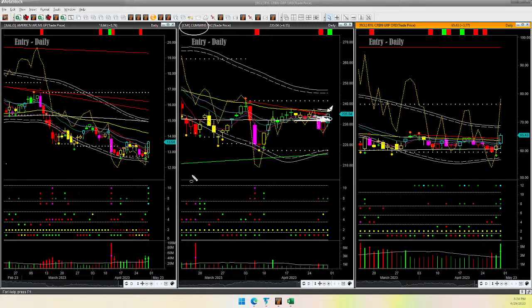So CMI has a fan out, and AAL fanning out above 1, 2, 3 lines. 2 other lines are above it, but as I mentioned, fanning out count 3 is good enough. So that is also a fan out pattern. And RCL has the yellow 1, 2, 3, 4.